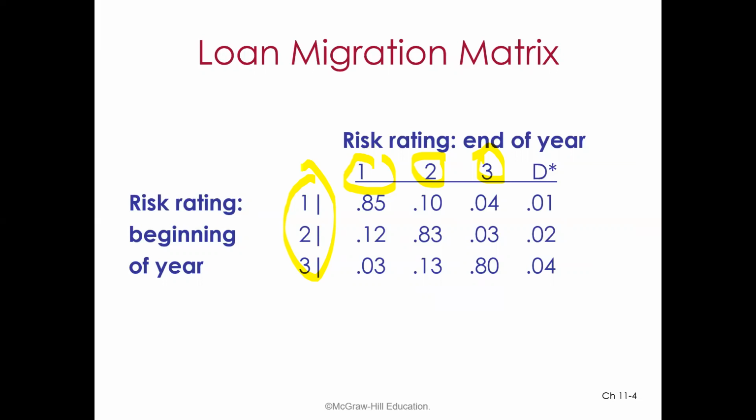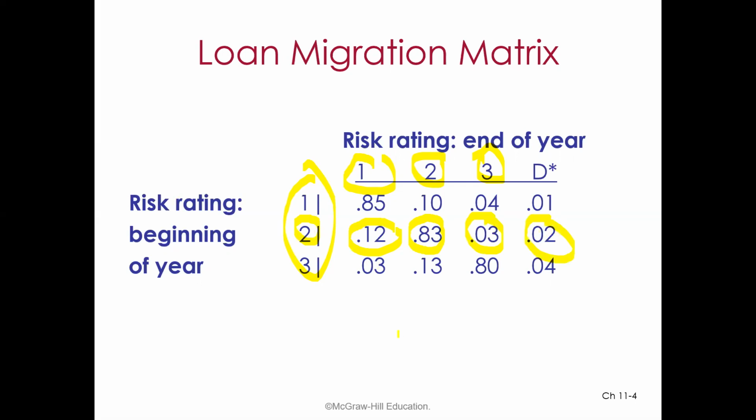The numbers in the table are called transition probabilities, reflecting the average experience or proportion of loans that began the year, say in grade 2, remaining in grade 2 at the end of the year, being upgraded to a 1, being downgraded to a 3, or defaulting, D. For example, for loans that began the year at rating 2, 83% of these loans end the year in rating 2, 12% of them upgrade to rating 1, 3% of them downgrade to rating 3, and 2% of them default.